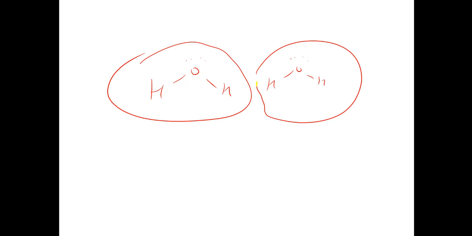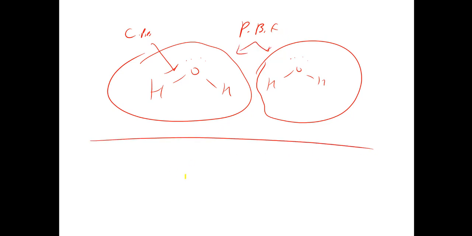So water molecules have chemical binding forces, and then between the molecules, those are going to be physical binding forces. Iron, on the other hand, only has physical binding forces.